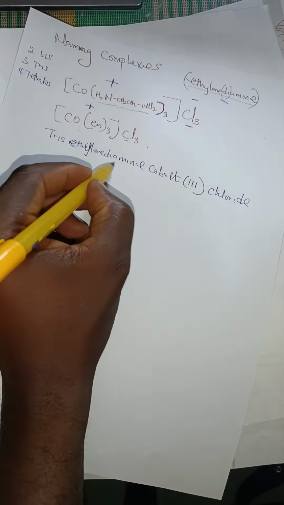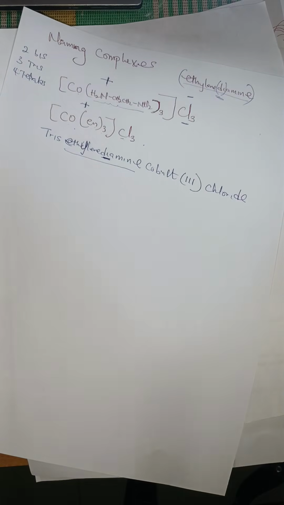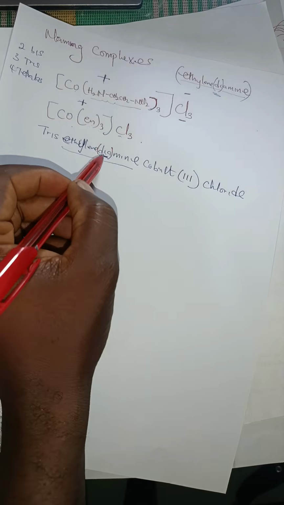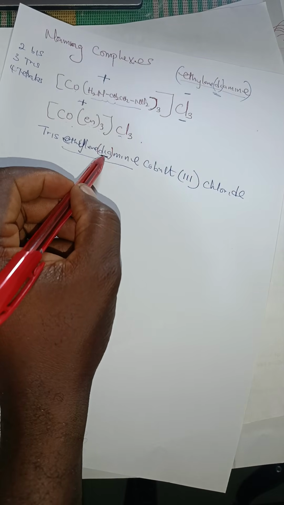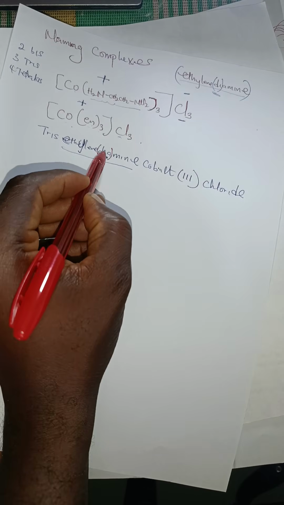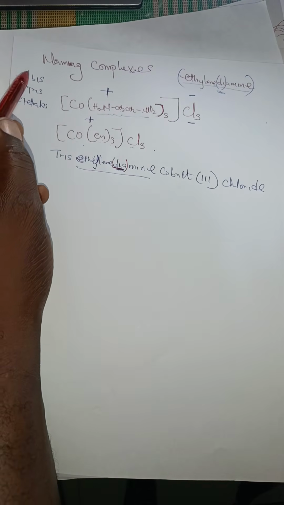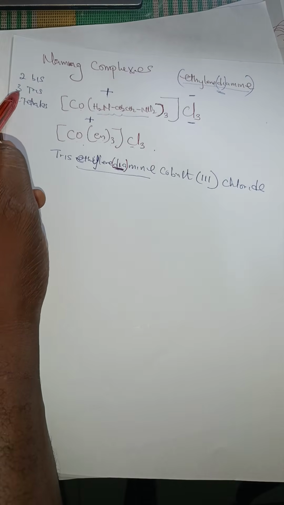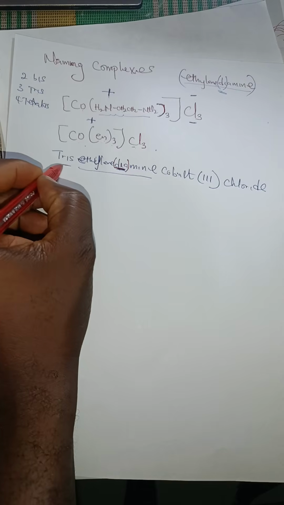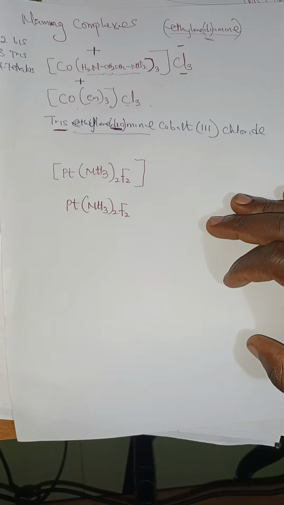The lesson is that if the ligand is already having the Greek name for number, like di, ensure you change the numbering: 2 should be bis instead of di, 3 should be tris instead of tri, 4 should be tetrakis. That's why I'm using tris, not tri. So that's what I want you to note.